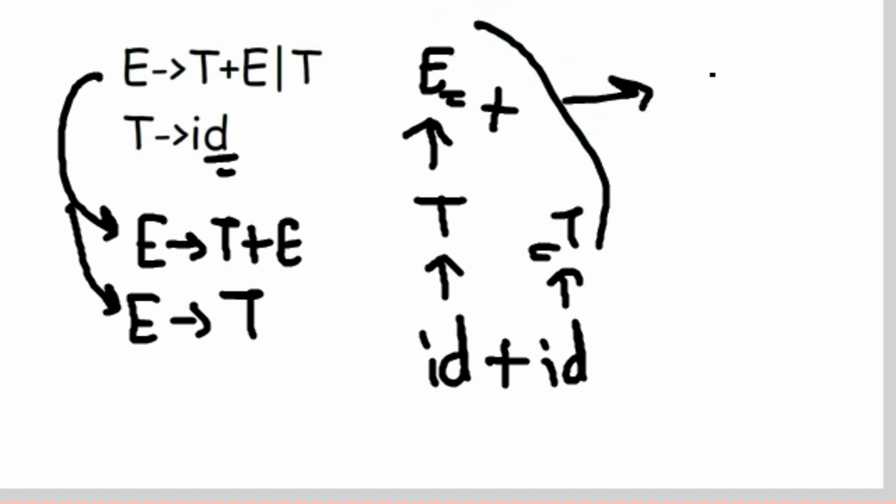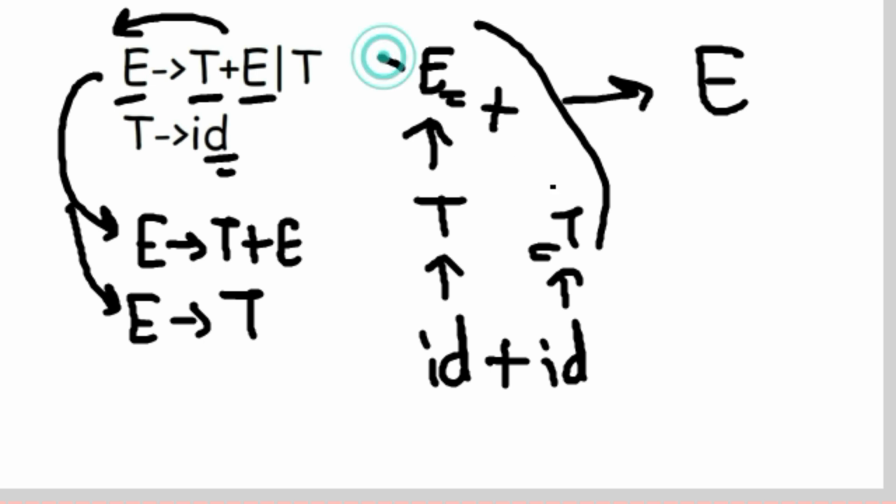This can be reduced as E, because we know that T plus E is E, so it just went back. So we went from bottom to up. This is how bottom-up parsing works. This is just for understanding purpose, what we mean by bottom-up parsing. But this is not how you solve the question. So let's start solving the question in the right way.